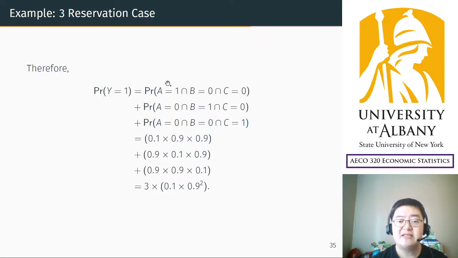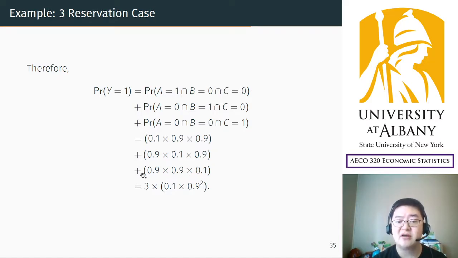The probability of cancellation is 0.1, and the probability of non-cancellation is 0.9. For the second case, non-cancellation, cancellation, non-cancellation: 0.9, 0.1, 0.9 multiplied. And finally, 0.9, 0.9, 0.1 multiplied.